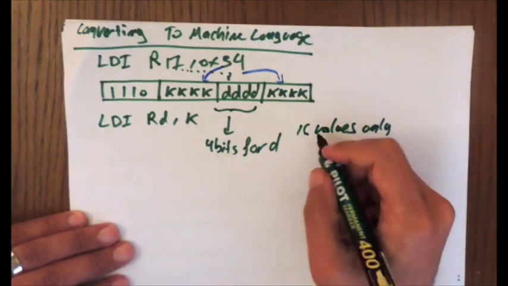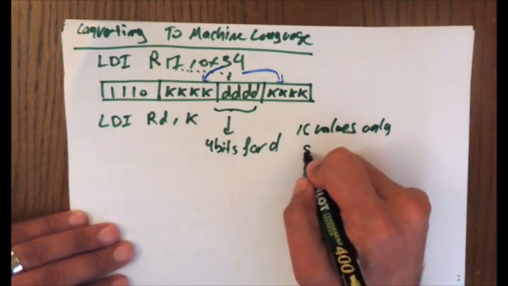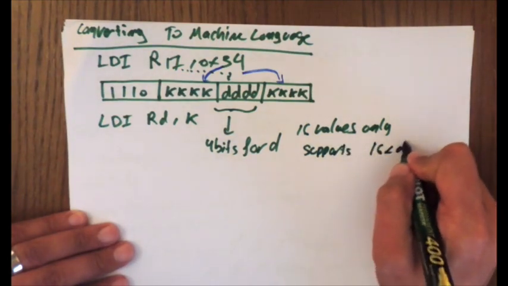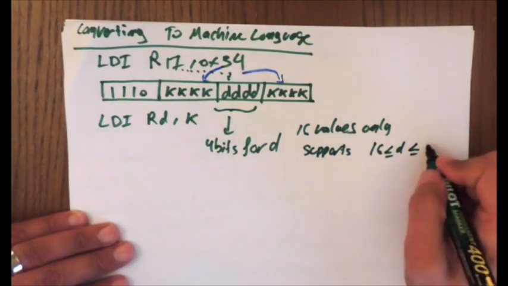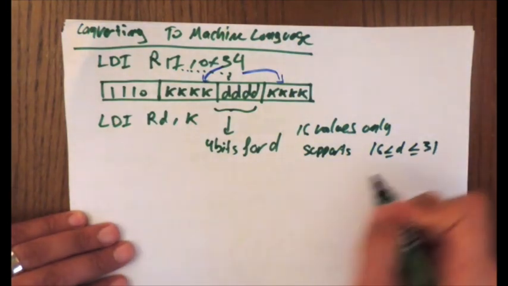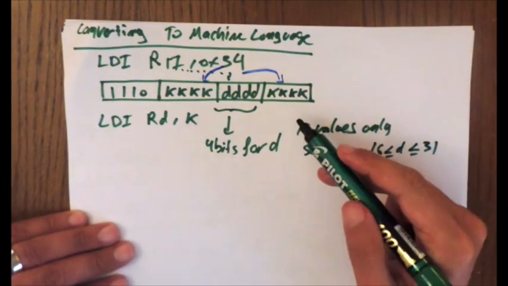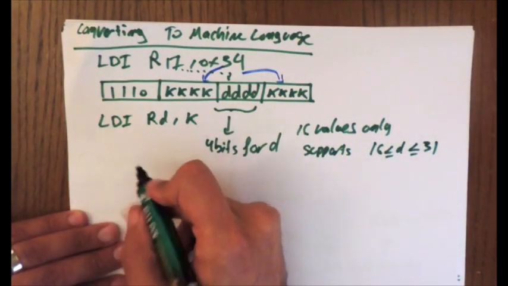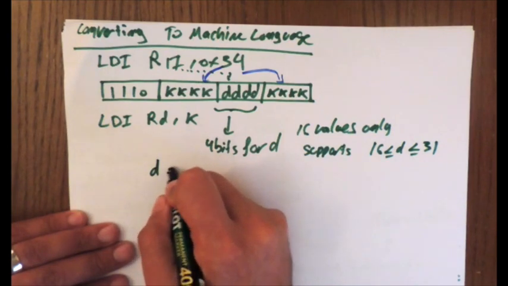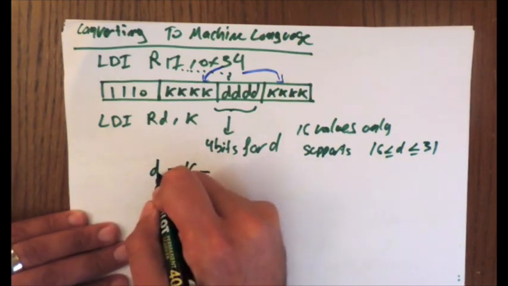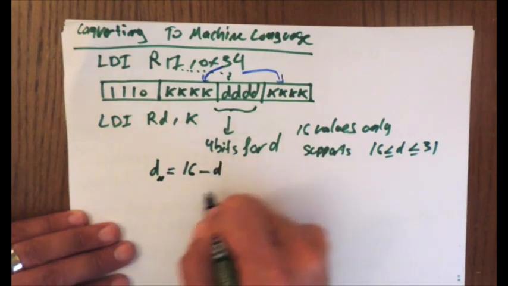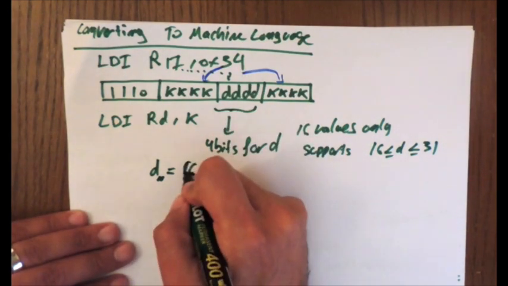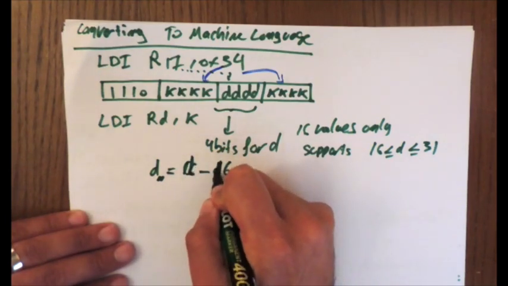So now you see why LDI supports D between 16 and 31. However, 16 is more than these 4 bits. So what we do to get the real D, D new will be D minus 16.